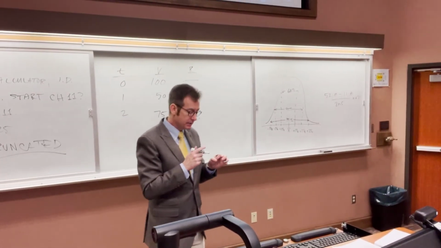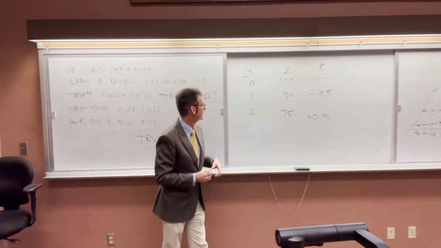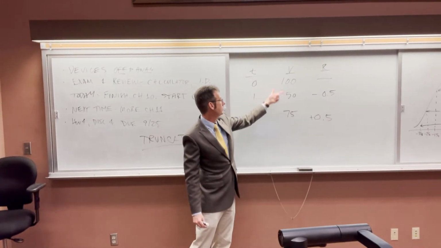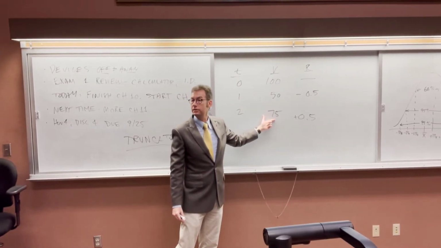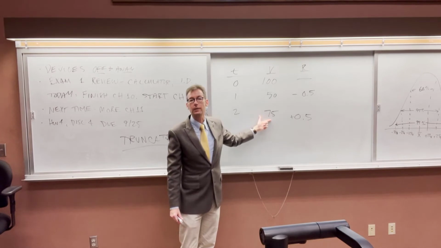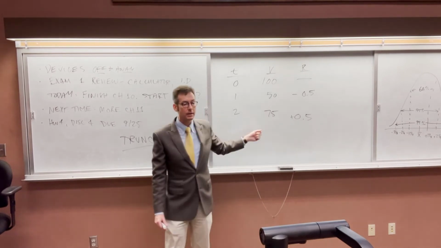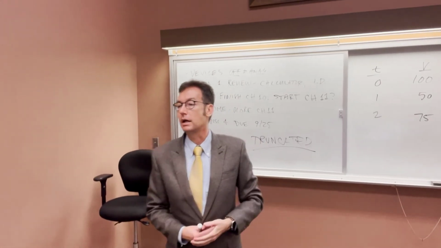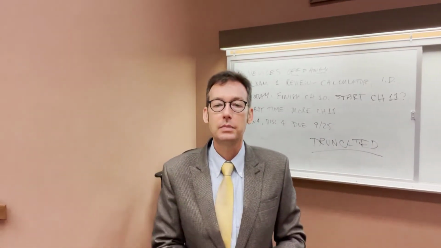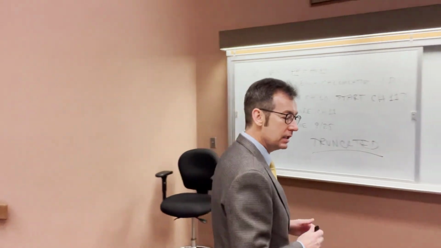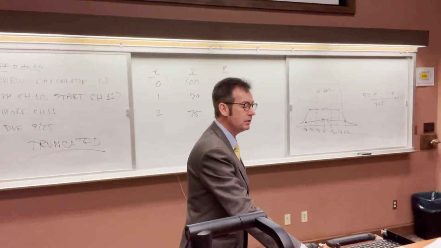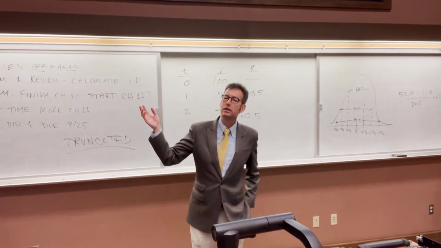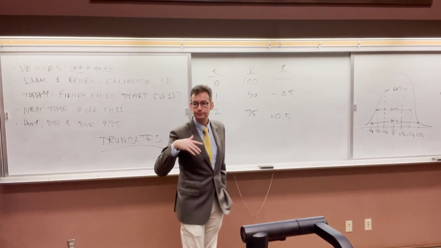Now, does it make sense that this is 0? Because after all, we started off with 100, and we ended up with 75. No. So the problem with this arithmetic average is that it is ignoring compounding. I remember the financial crisis, the S&P 500, let's say it was down 30% from its peak.